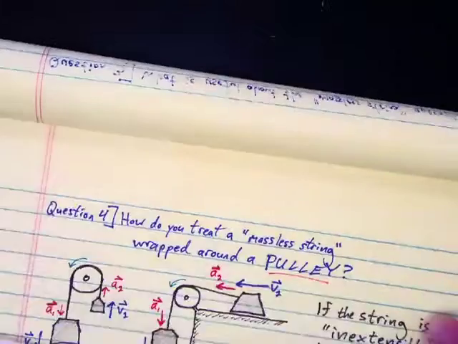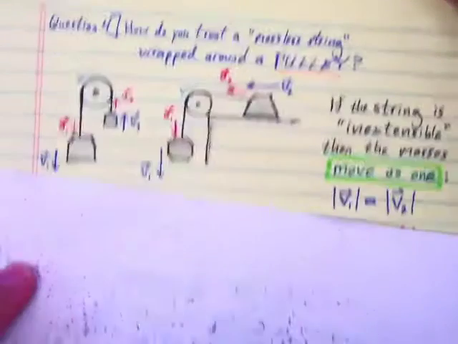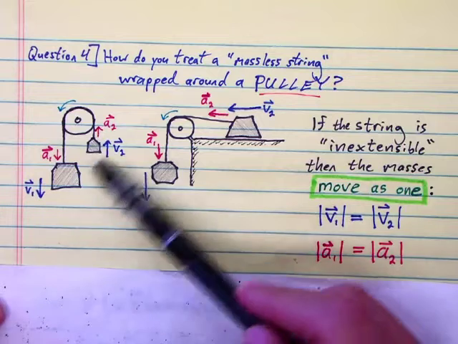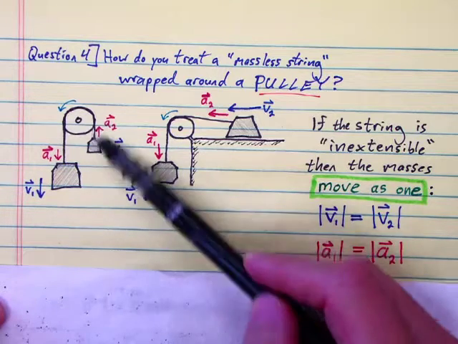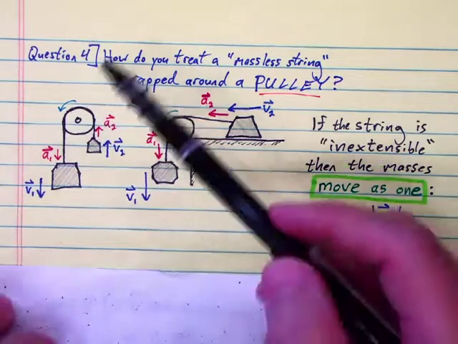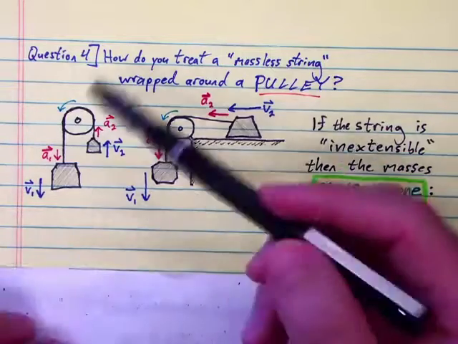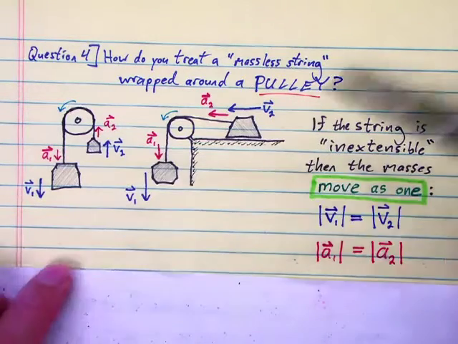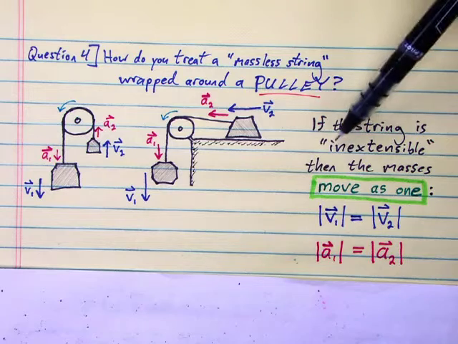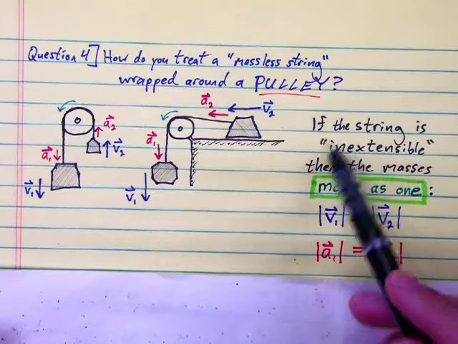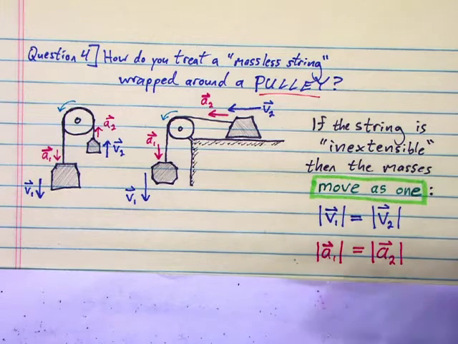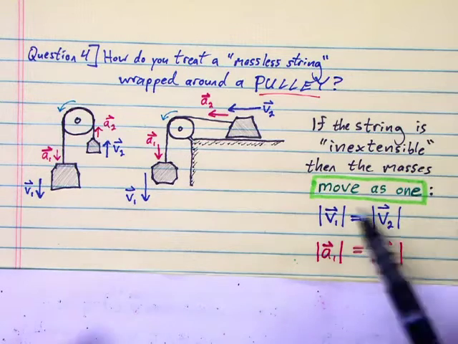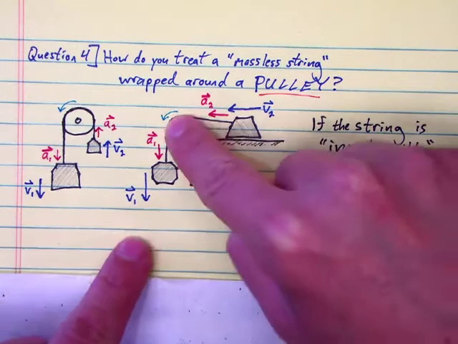Now just a couple of words about how to treat a string wrapped around a pulley. Because we'll often have a pair of objects connected by a string wrapped around a pulley, either like this or like that. Under these conditions, the two objects will each have their own velocities and accelerations. And we can note that if our string is inextensible, as in cannot be extended, if it doesn't stretch, if it's not stretchy or elastic, if our string's length doesn't change, then the masses are going to move as one.